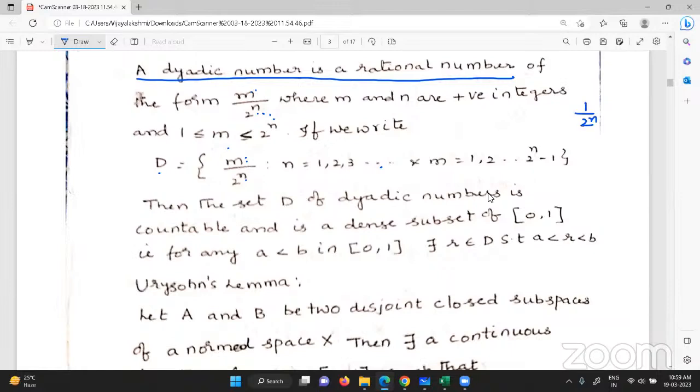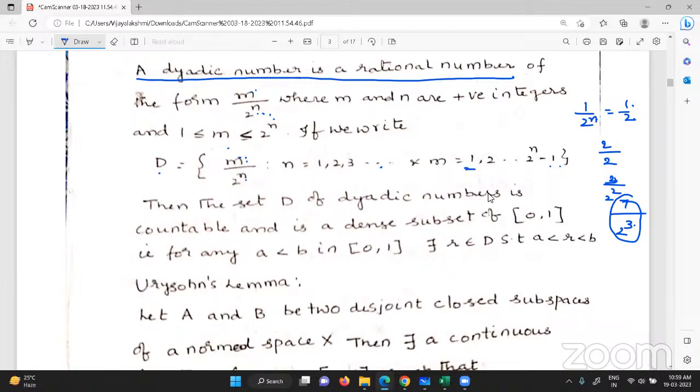Then 2 by 2 square, 3 by 2 square, like that you will get. m goes from 1, 2 up to 2 power n minus 1. Suppose you get 2 cube in the denominator, then m goes up to 2 power n minus 1, that is 2 cube minus 1, which is 7. So 7 by 2 cube is a dyadic number.